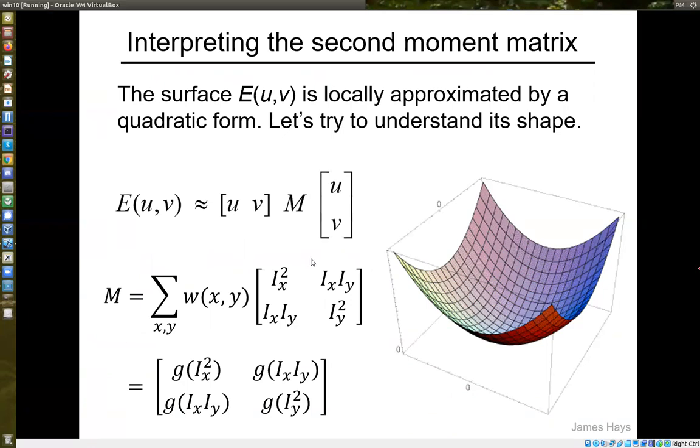And for the M function, the Ixx, Ixy and so on can be computed with the Sobel filter. And with the window, you can just think of it as another low pass filter. So you can compute it by applying a gradient filter and then applying a low pass filter here.